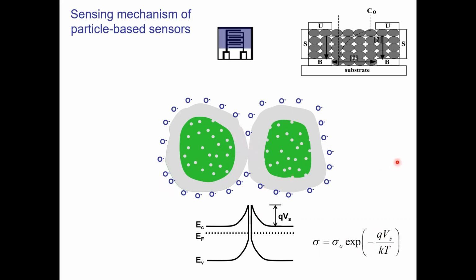Now, if you expose this coating to a target gas, like carbon monoxide, it will come and interact with the surface absorbed oxygen, and it will create CO2 that will desorb. And in the process, it will donate an electron back to this oxide.